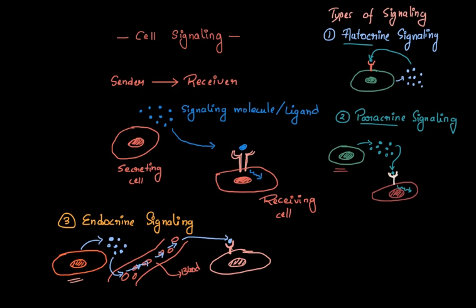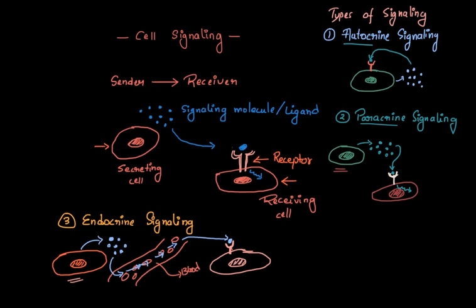So in summary, there has to be a cell which is the sender cell, and there has to be a cell which is receiving the signaling. Now the receiving cell would have something called the receptor, which is specific to a signaling molecule. Now the secreting cell would secrete the signaling molecule, which would eventually be received by the receptor on the receiving cell.